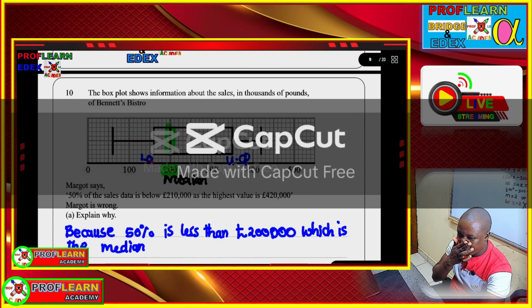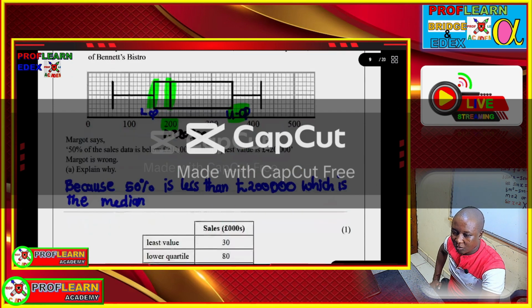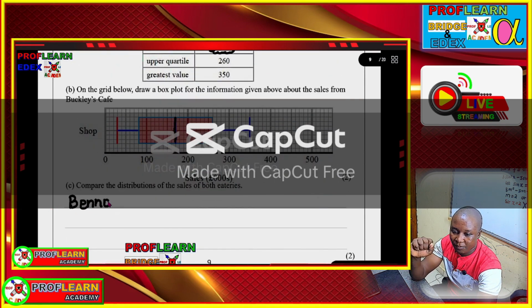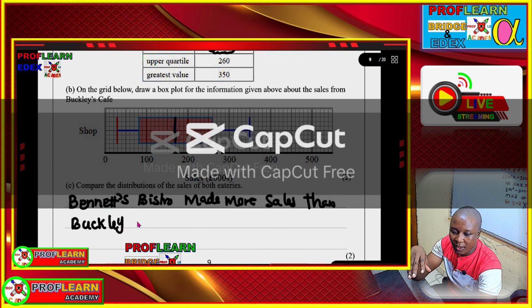And then we can see the upper quartile and lower quartile indicated here, because the upper quartile and lower quartile will enable us to work out the interquartile range. So first we're going to say Bennett's bistro made more sales than Berkeley, because there was a larger median for Bennett's bistro whisker diagram.